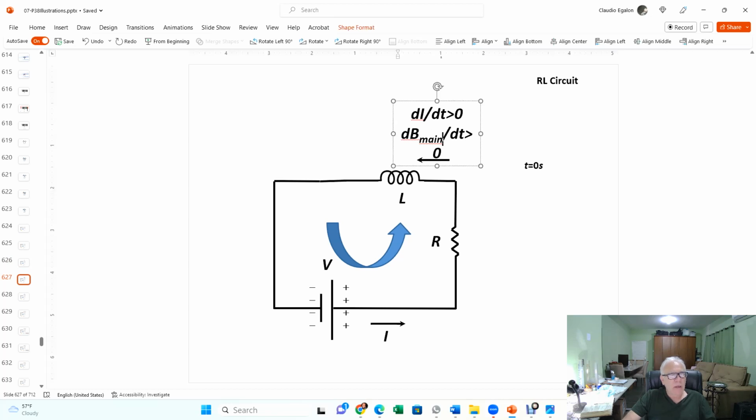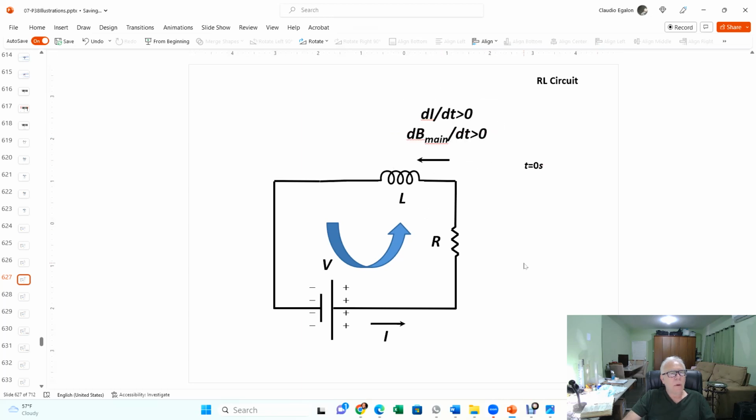But this large increase in the magnetic field will induce a current in the opposite direction. Okay? As a result, the net current is going to be 0 at time t equal to 0. It must be 0.